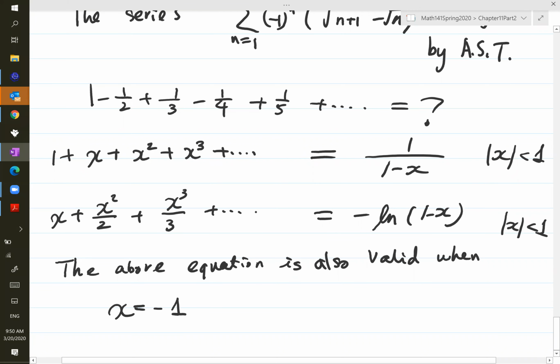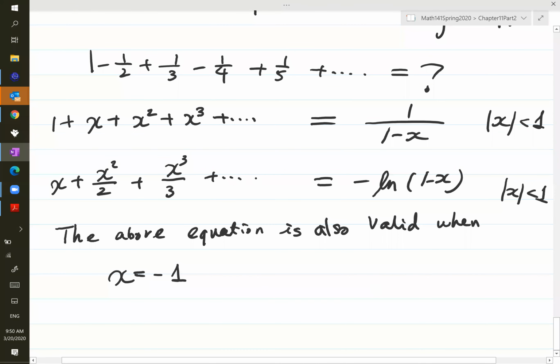So actually we get negative 1 plus 1/2 minus a third plus a quarter minus 1/5, etc. This is actually negative ln 1 minus negative ln 2, so we get ln of 2.